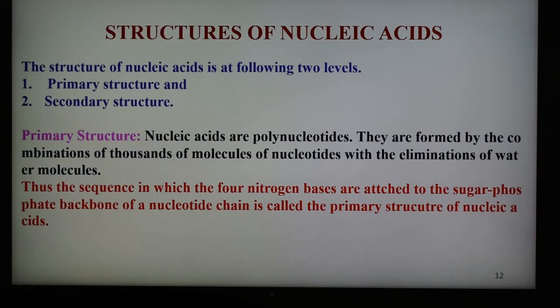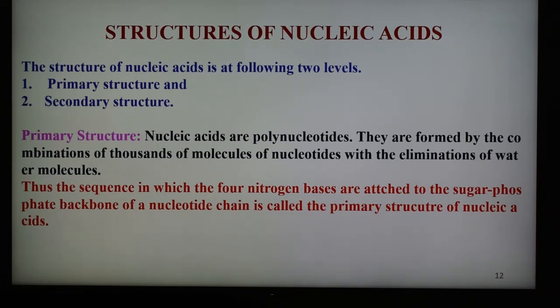During this polymerization, the hydroxyl group of the sugar residue of one nucleotide combines with the hydroxyl group of the phosphoric acid group present on carbon 3 of the other nucleotide to form a long polynucleotide chain. In this way, the backbone of nucleic acid consists of alternating sugar phosphate residues.